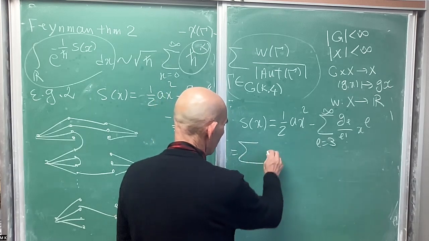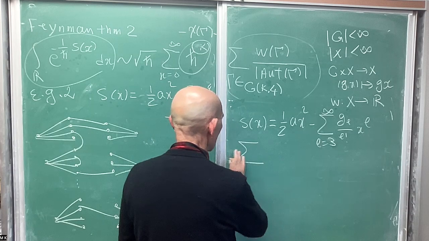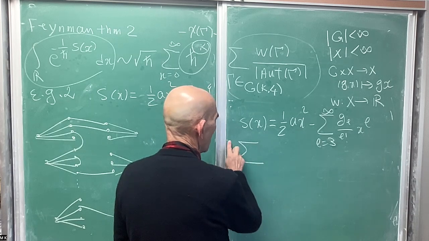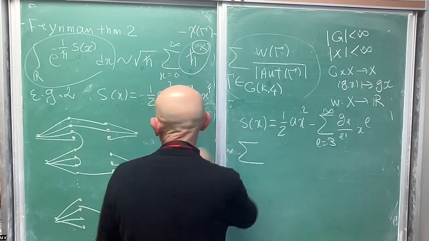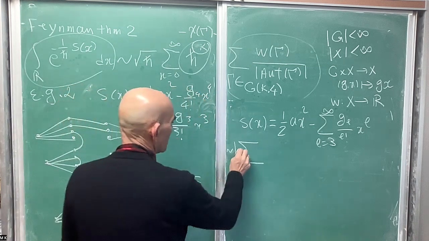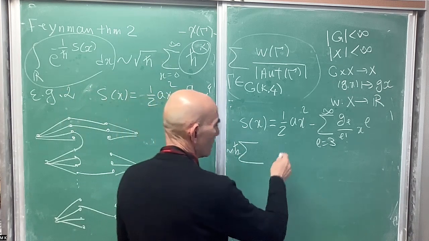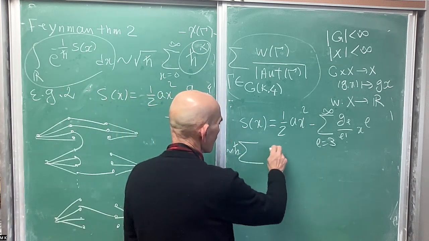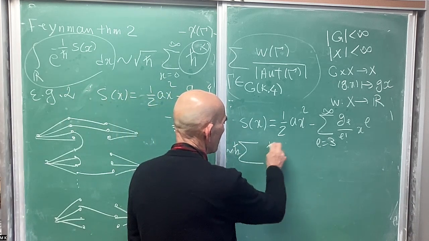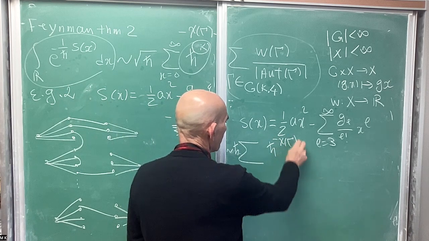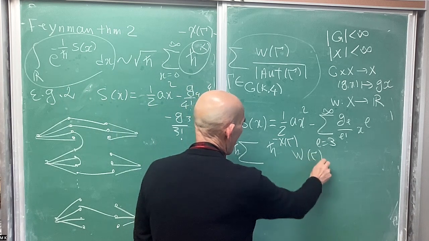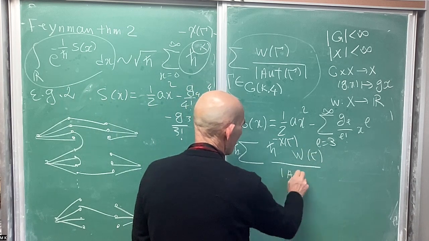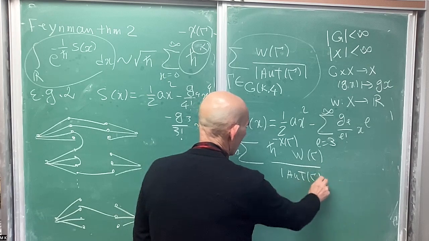Yeah. So this we can just write as a summation of, I mean, the asymptotic expansion of the integral, there is this h bar to the power negative Euler characteristic of the graph times the Feynman weight of the graph divided by the order of the automorphism group of the graph.